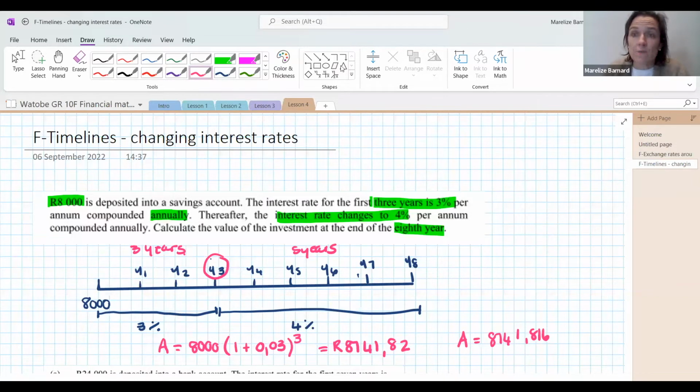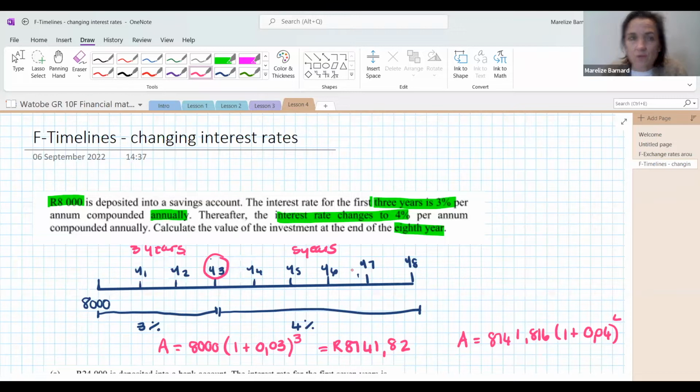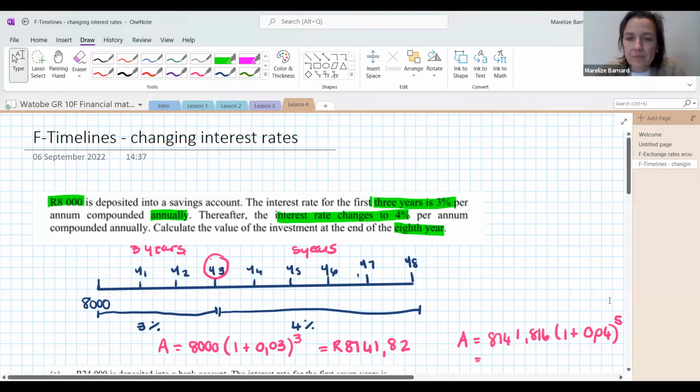We must use the full amount, not just the rounded amount. Otherwise, we will lose some accuracy in our calculation. So 1.04 to the power of, not 4, but 5. Okay, and then pop in the chat when you have worked out what that is. Let's see how much money we are actually going to have at the end of the 8th year.